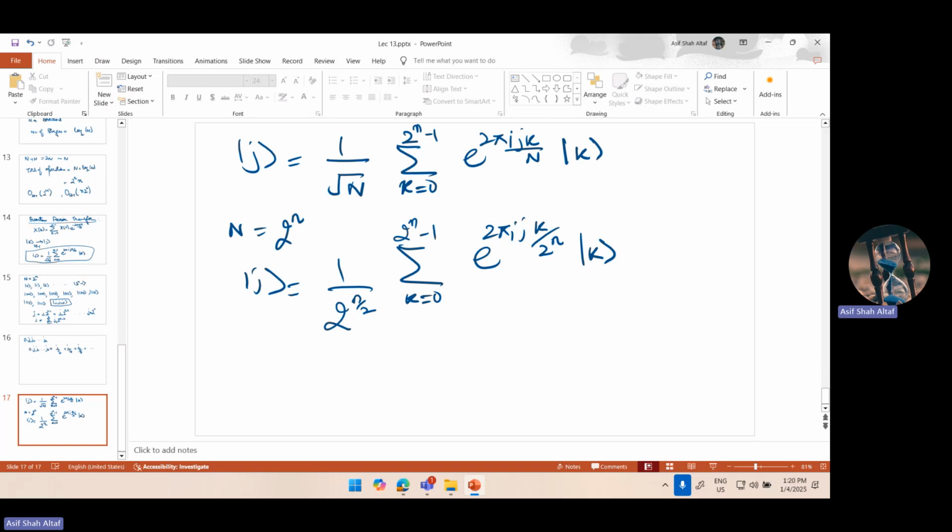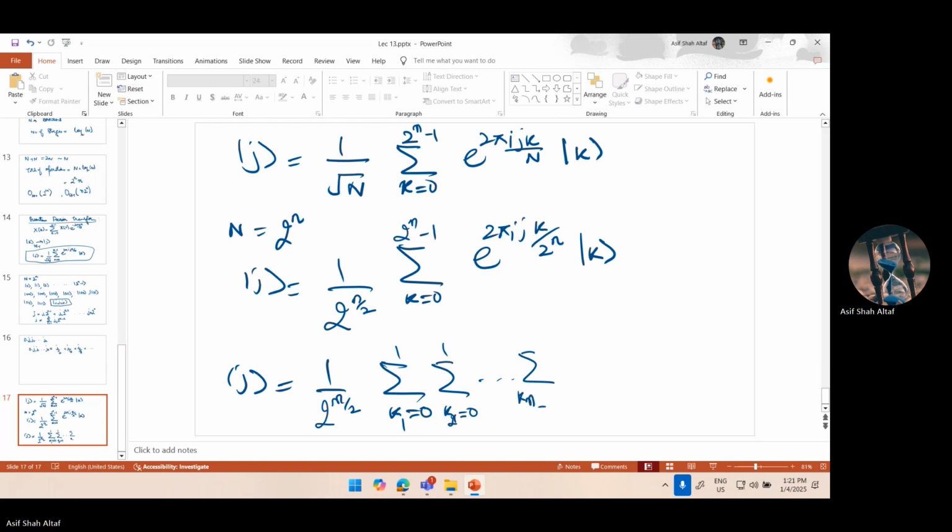Next, since I said that we will represent each of the bases as a binary, we can expand it using the binary notation, which will give us the sum over k1 in 0 to 1, k2 in 0 to 1, and so on up to kn in 0 to 1, e to the power 2 pi i j over 2 to the power n, times the state k1, k2, up to kn.